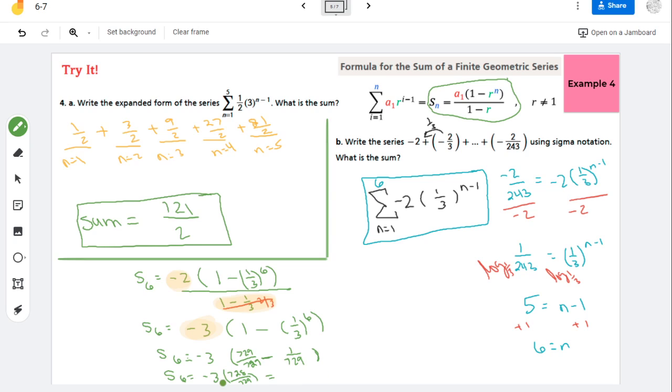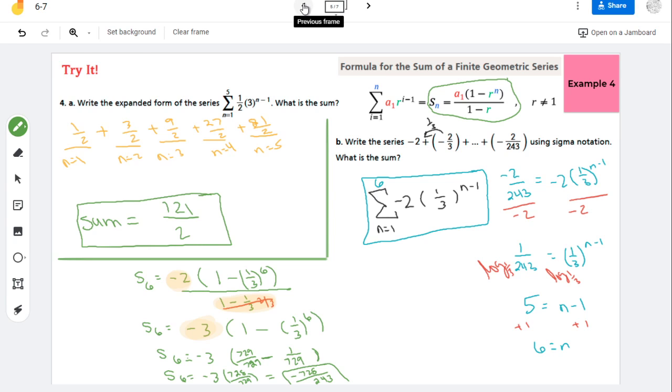I know that 3 is going to cancel out with some of the 3's down here, so I'm dividing 729 by 3. So I get -728 divided by 243. And there's my sum, and it's ugly, y'all, and that's okay.